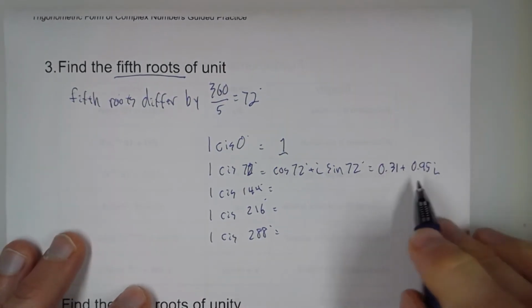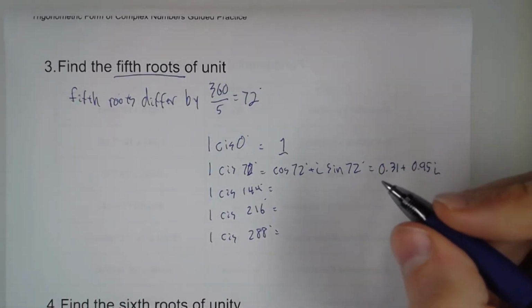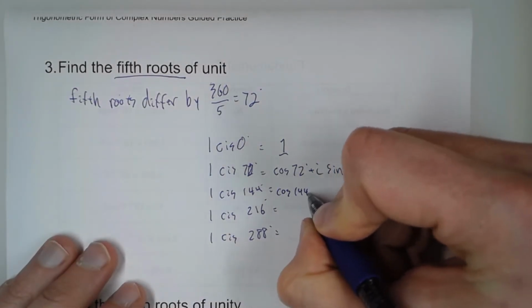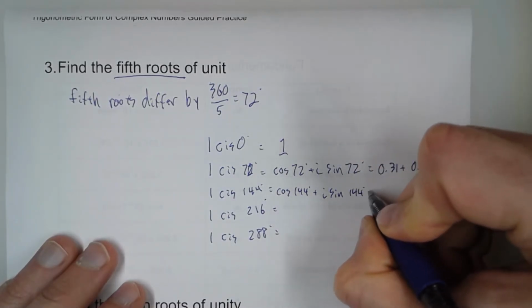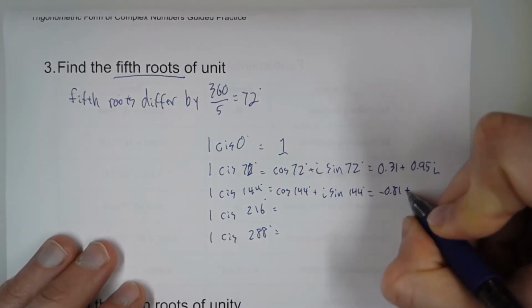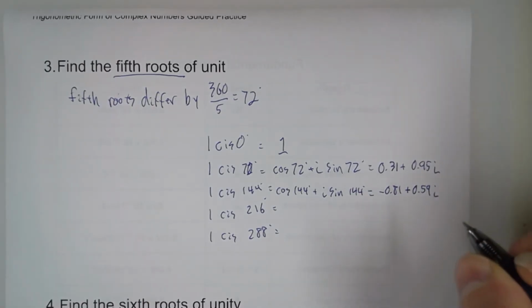And there's probably a little bit of round off, but that's okay. So next, 144. We're going to get negative 0.81 plus 0.59i.